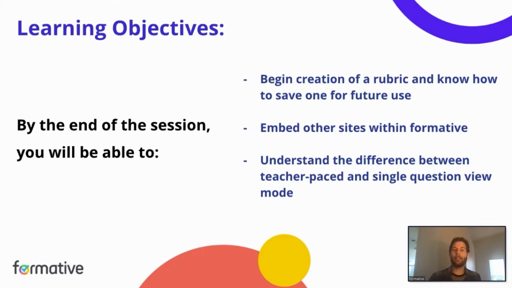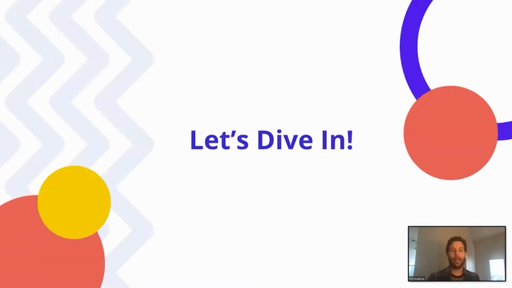And at the end, before you take on the role of a student, we're going to talk about how one of our newest features, single question view, is a little bit different and similar to our teacher paced mode as well. It's actually a lot of information to cover in only the 25 minutes we have remaining, so we are going to go ahead and dive in.